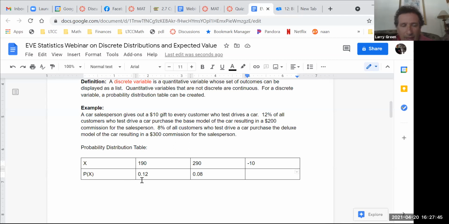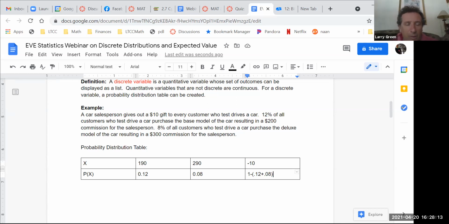We can use the rule of complements. So notice what we can do is take 1 minus the sum of 0.12 plus 0.08. That's called the rule of complements. We know that the sum of all the probabilities has to equal 1.